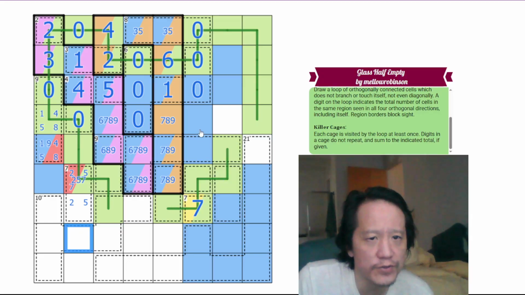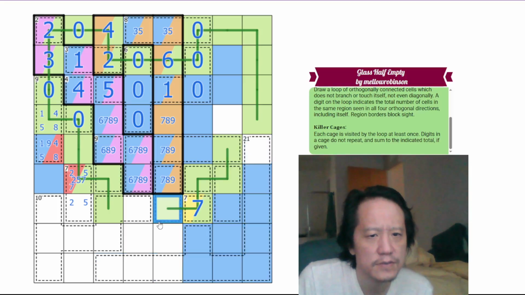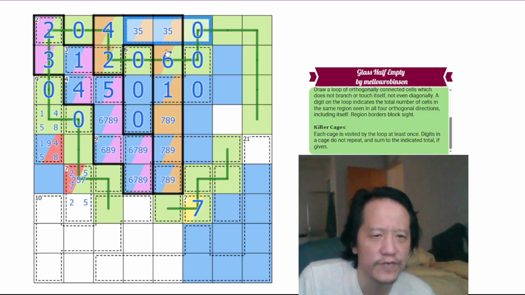Okay, so far the loop touches every cage. The only one it hasn't touched is this one. It's touched this 2, it touched this 1, 2 pair, it touched this 3, 5, it's touched this cage, this cage, this cage, this cage, and a 10 cage.